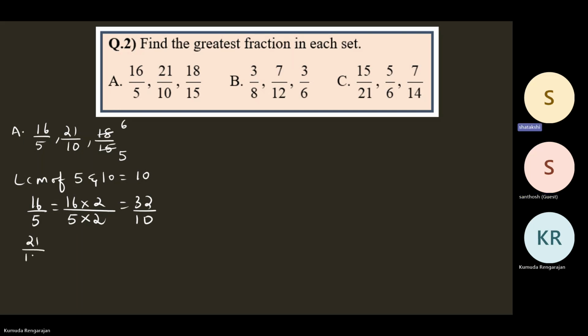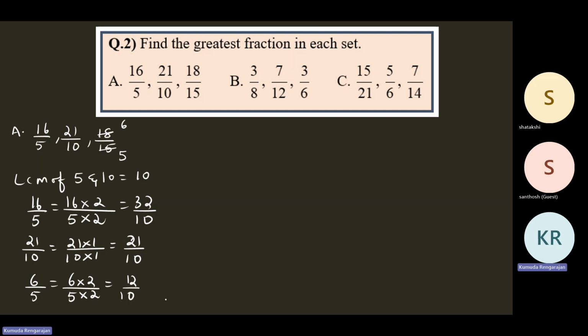The next one is already in denominator 10, so you multiply by 1. What about the third one, 6 by 5? Again, multiply by 2.